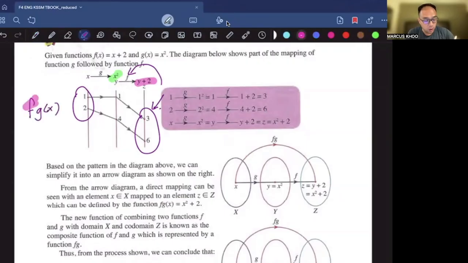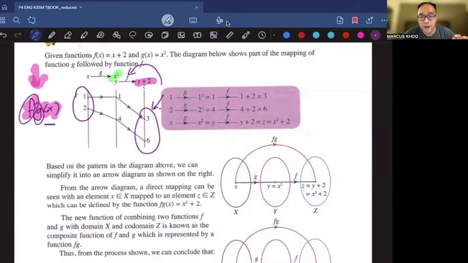So this is what we call a composite function. I know it's a little bit weird because the second function is written first and the first function is second, but you have to think about it in terms of the object. The original object is this x, and the first function that we use the object on is g, and then the second function is f.